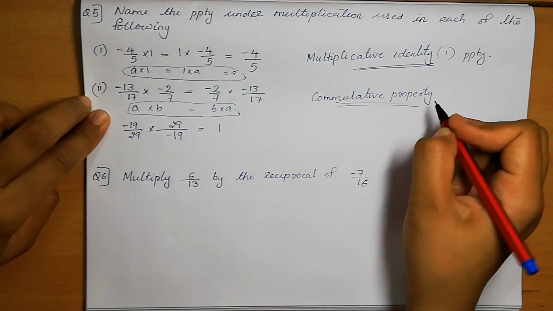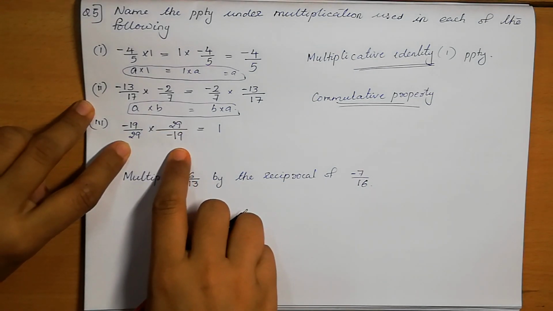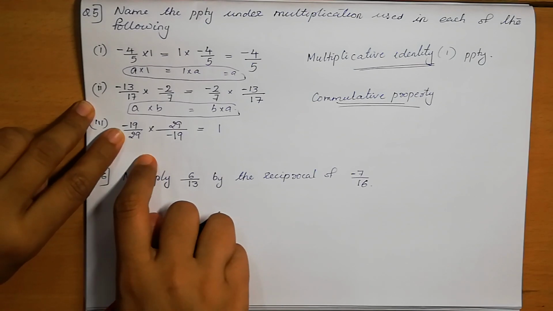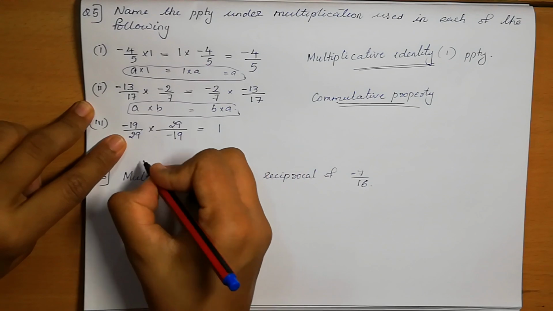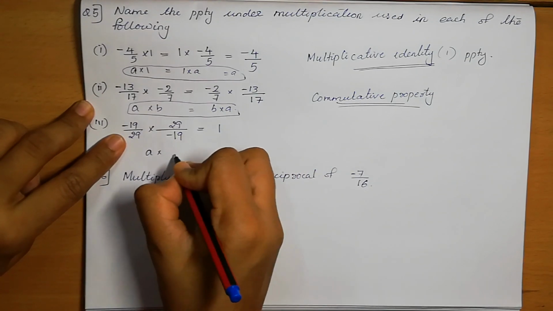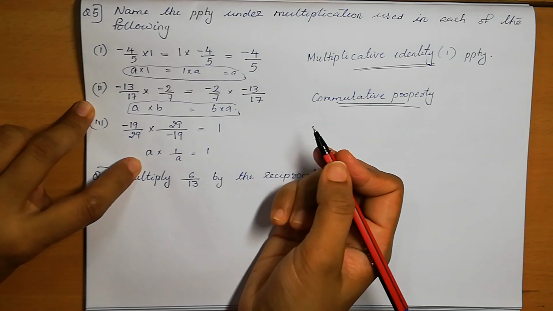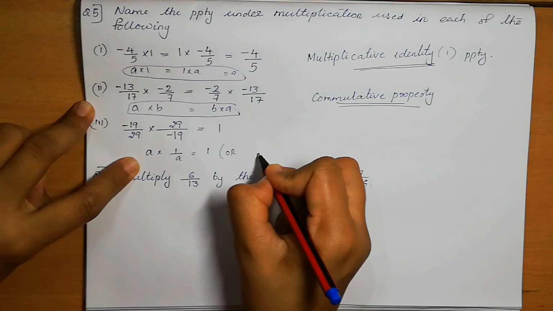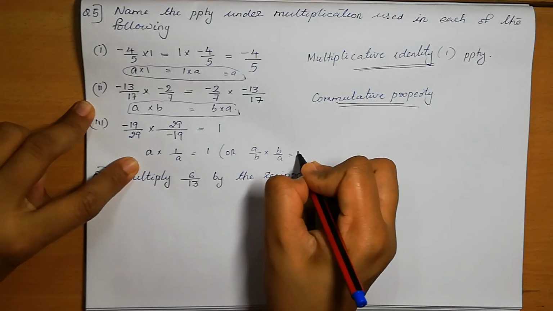Next, minus 19 by 29 into 29 by minus 19. That means multiplying with the reciprocal, right? Reciprocal of minus 19 by 29 is 29 by minus 19, and the product equals 1. So a into 1 by a equal to 1, or a by b into b by a equal to 1.